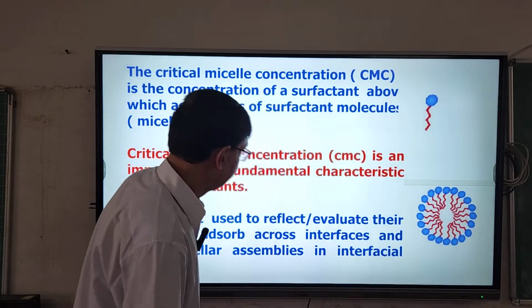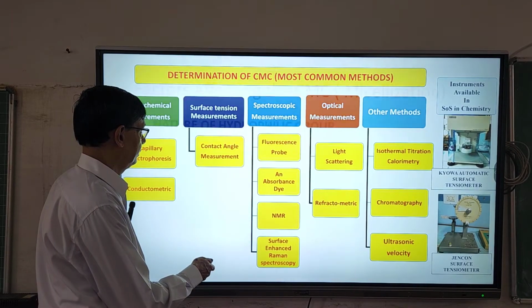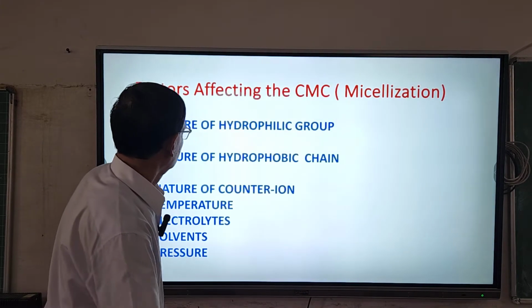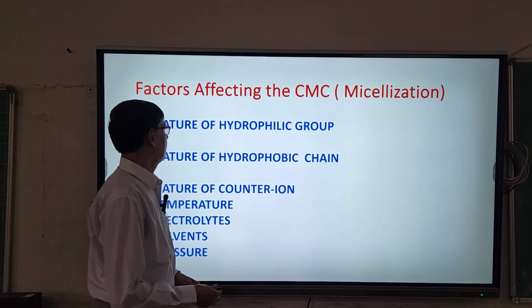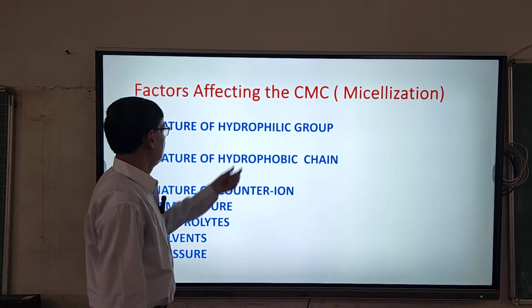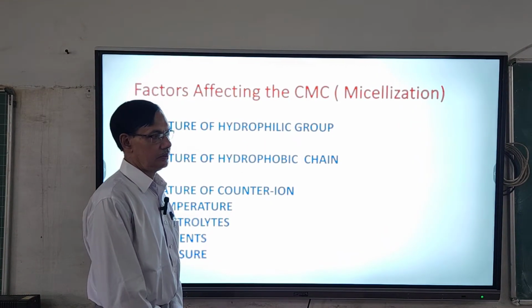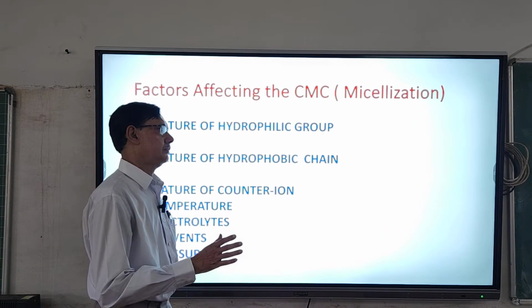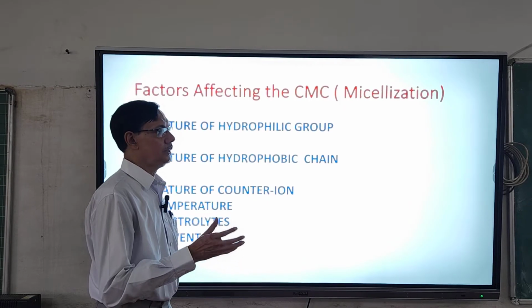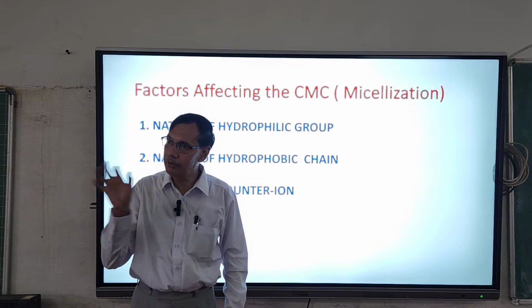Suppose you are using different types of hydrophilic group. Say for example, you are using cetyl trimethyl ammonium bromide, CTAB.